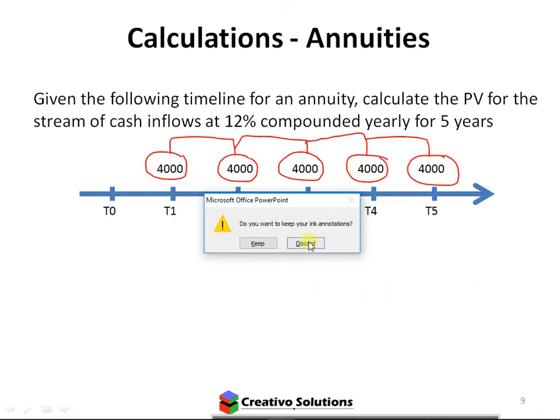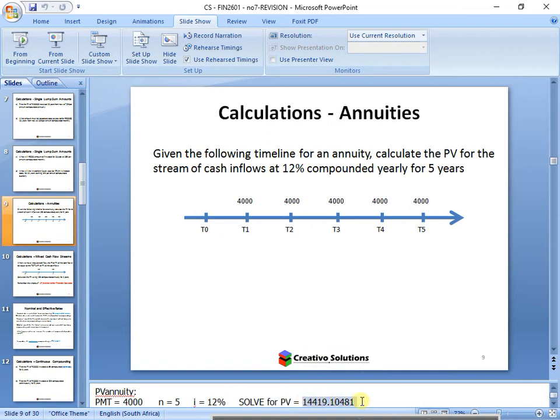So that is 14419. Yes. Happy with that? Okay, well, these are basic skills that you need to know to deal with something that does come up in the exam. Okay. Happy with that?